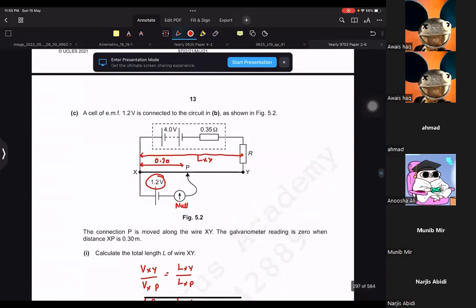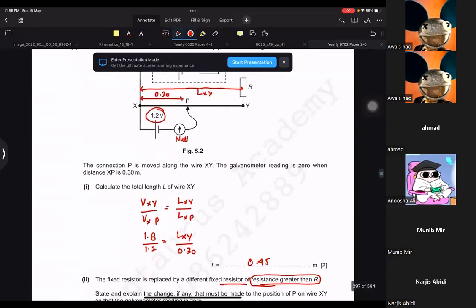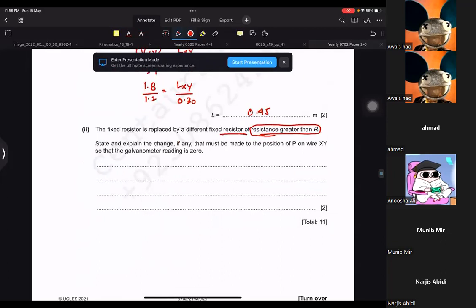Now, if the voltage across X and Y reduces, then you need to move this pointer away, to a greater length, so that it is equal to 1.2. So that's what you should understand, and that's what they're asking. So we say the potential difference across XY decreases.